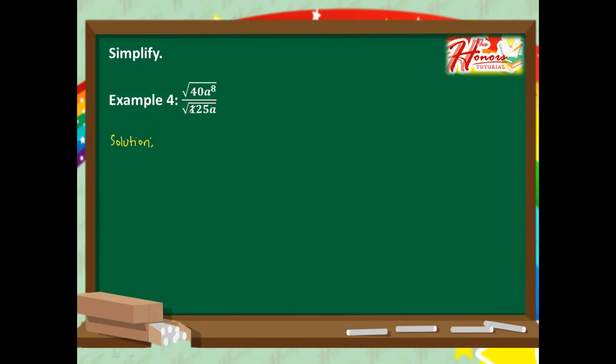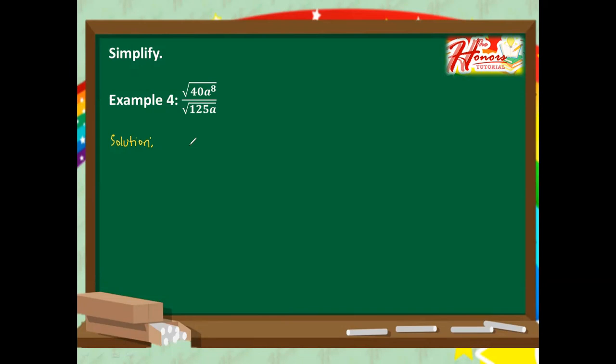For the first part and for the part here below, let's simplify first. Let's think of a number that can divide 40 and 125 at the same time without remainder so that we can simplify them.